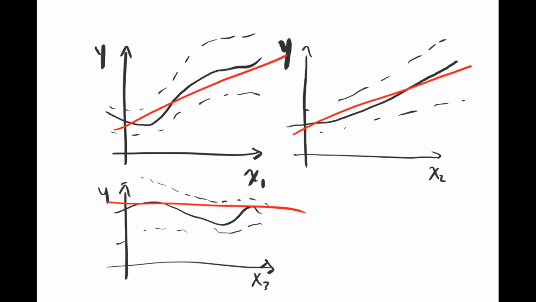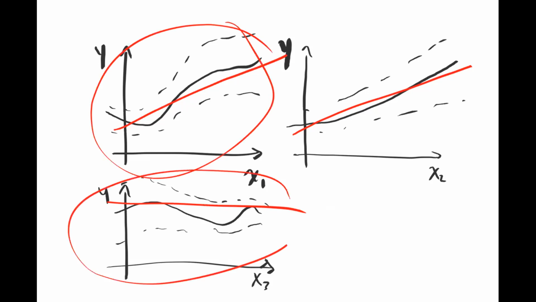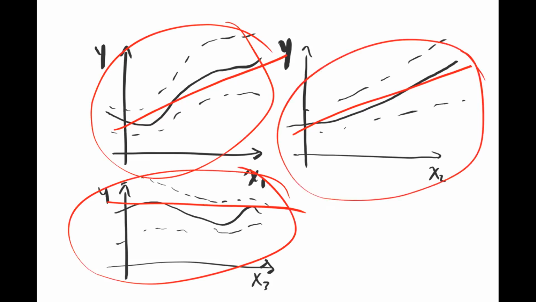For plots 1 and 3, I might argue that these look different enough from the line that you shouldn't be assuming linearity. But maybe for x2, it's close enough to a line that I say it's okay to not do the smoothing because it's close to linear.